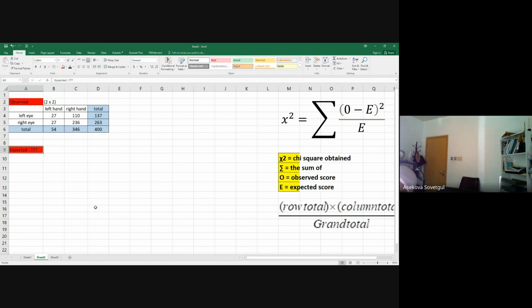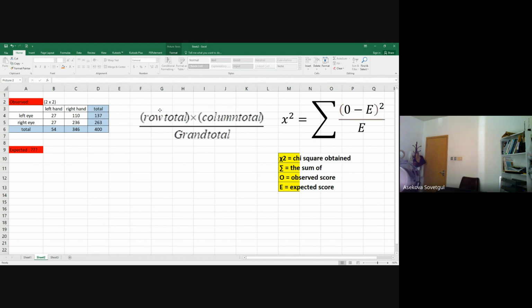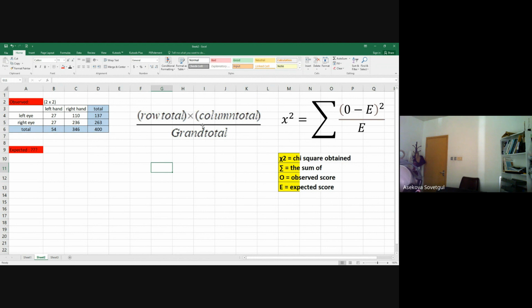Expected value. For that, this formula comes to us to resolve this kind of issue. Do you see? Row total and column total.